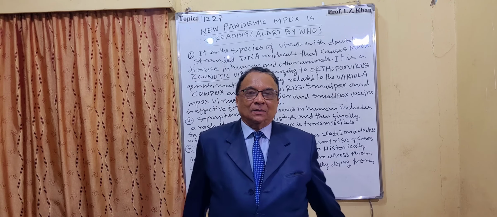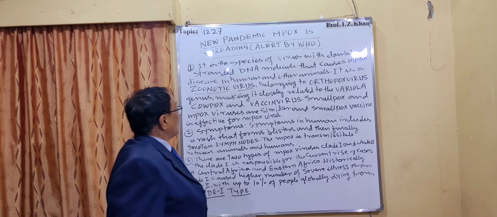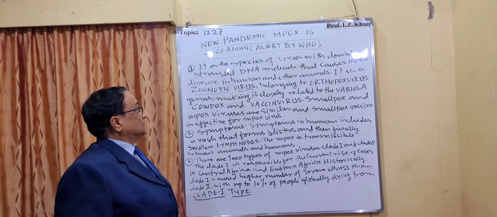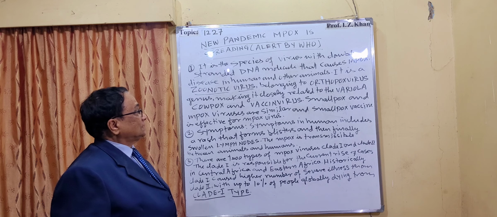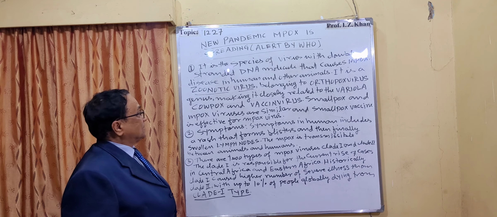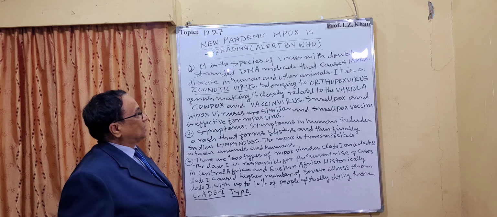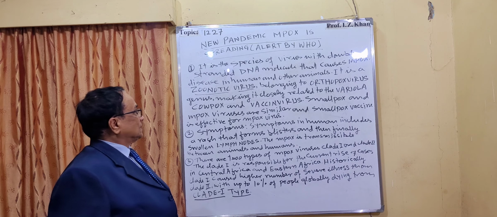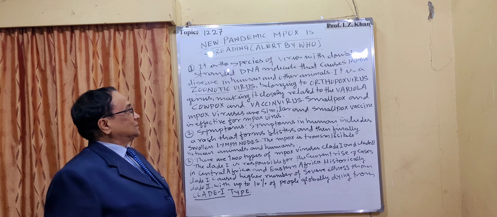So the same I have just given in the form of an abstract or summary. Number 1, the species: it is the mpox virus with double-stranded DNA. I have given the explanation about the double-stranded DNA molecule that causes mpox disease in humans and other animals.